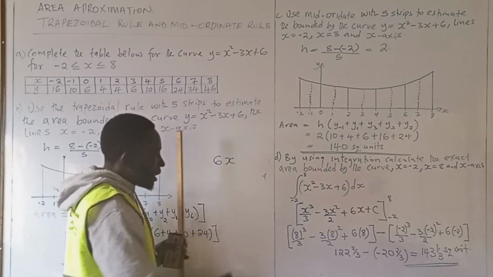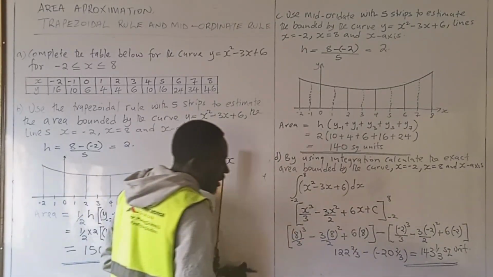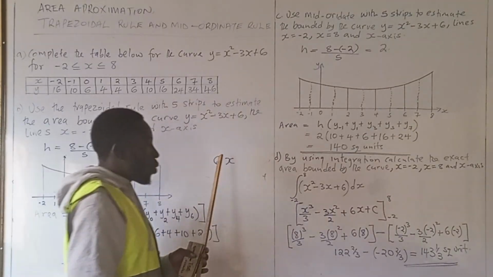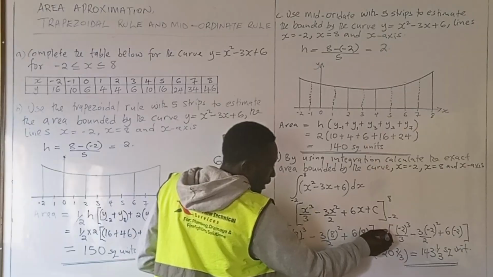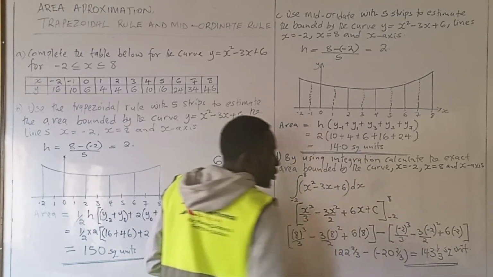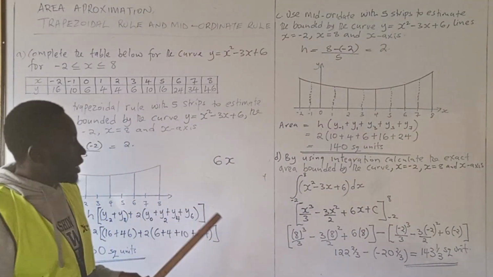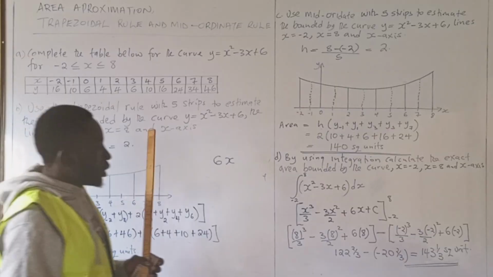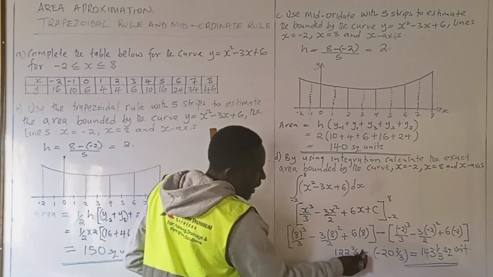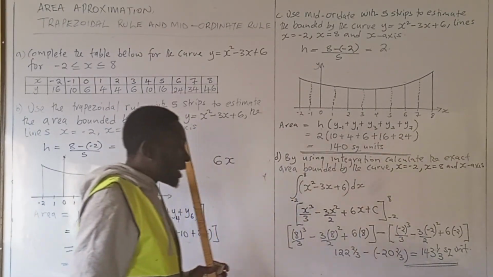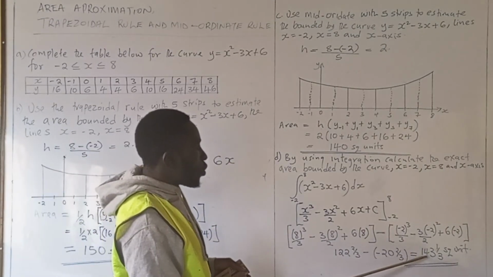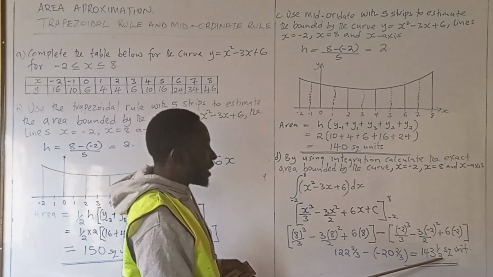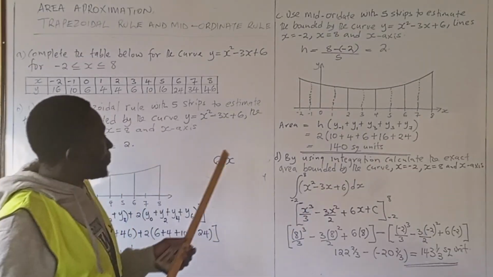So when you just press in your calculator the way it is, this side you will get 122 2/3 minus, and when you press this side you are getting -22 over 3. So when you do this calculation, a negative and a negative becomes positive, and the final answer is 143 1/3 square units.